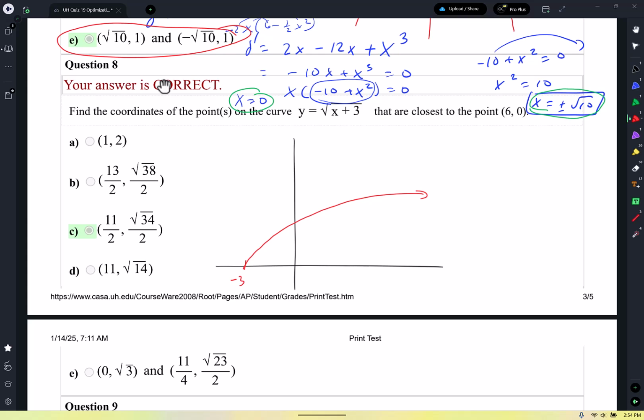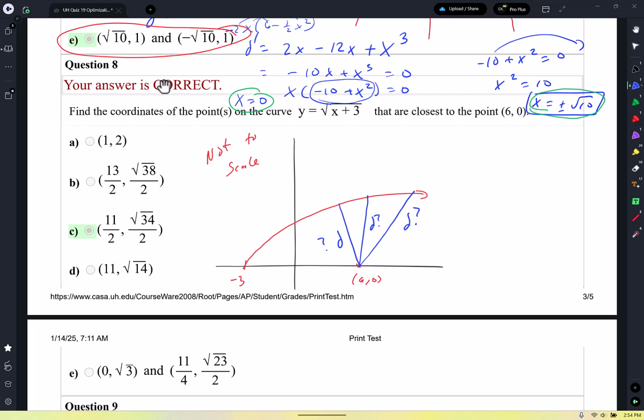And it says closest to the point 6, 0, not to scale. That's the point 6, 0, and they're looking for this. Is this the shortest? Is this the shortest?